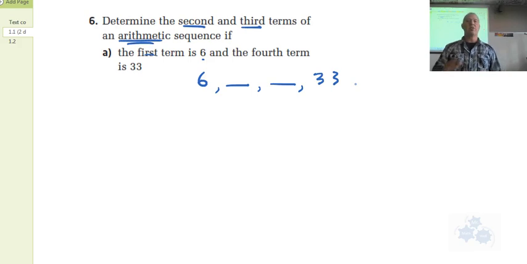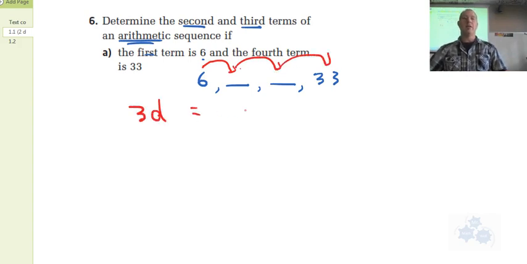There's not too many spaces there, so it's pretty easy for us to understand that one common difference, two common differences, three common differences equals the difference between 33 and 6, or 27. Okay? So that means that the common difference is 27 divided by 3, which is 9.